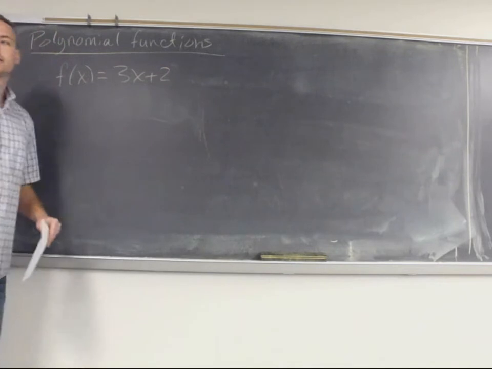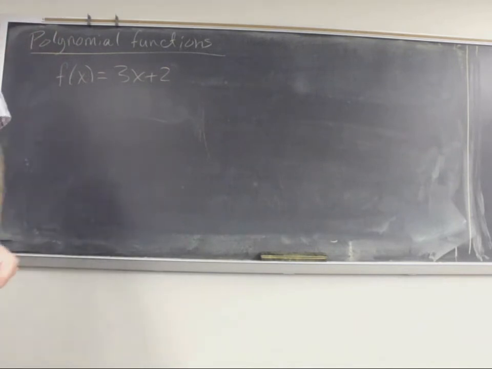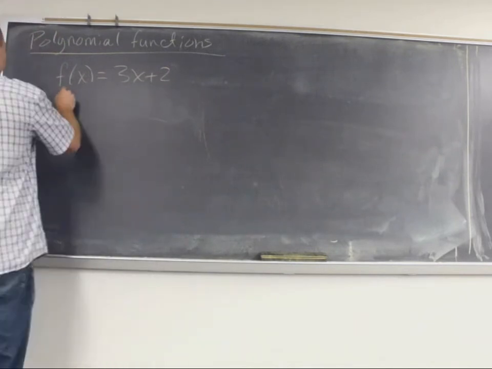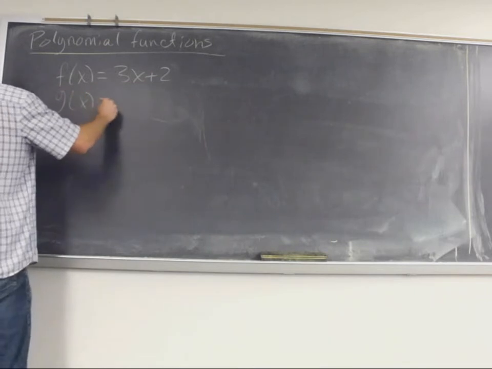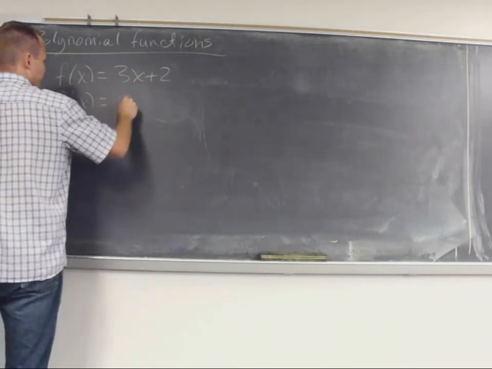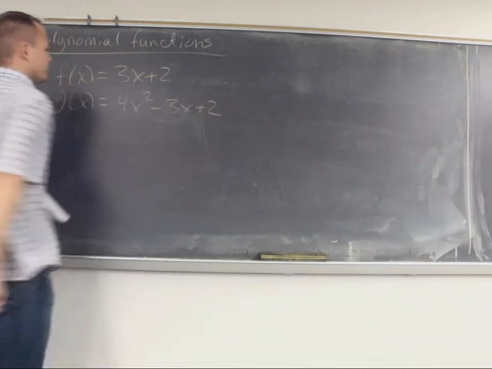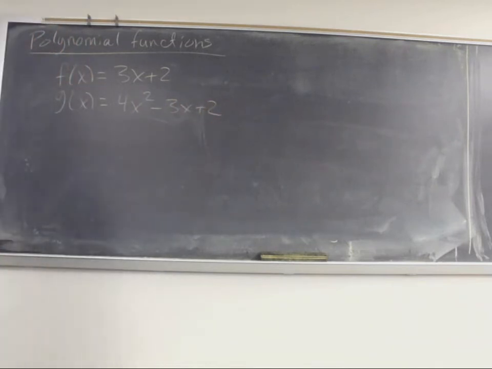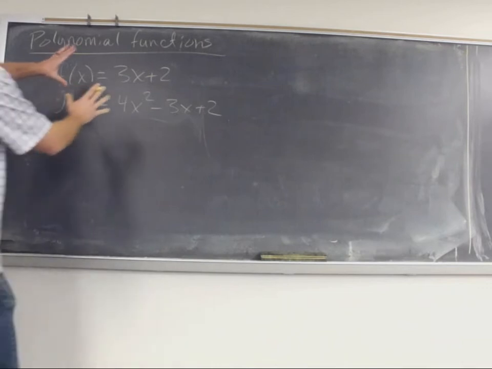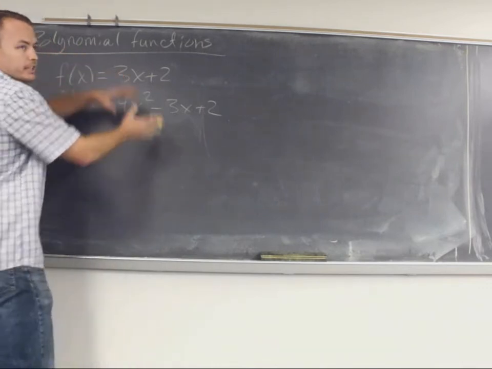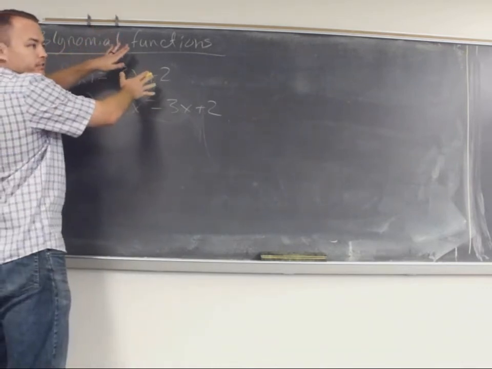That's a straight line. So we've looked at those already. You could have a quadratic function. Let's say 4x squared minus 3x plus 2. That's a polynomial function. So we've already looked at these two things, and they are classified as a polynomial function.